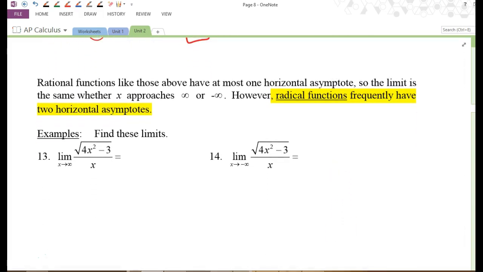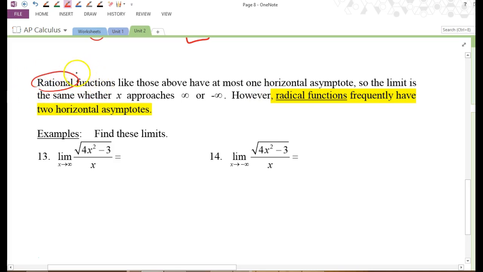All right, so rational functions like those above have at most one horizontal asymptote. So the limit is the same whether x approaches infinity or negative infinity. Radical functions frequently have 2 horizontal asymptotes. Let's talk about what this just said. If they say rational, what are they saying?